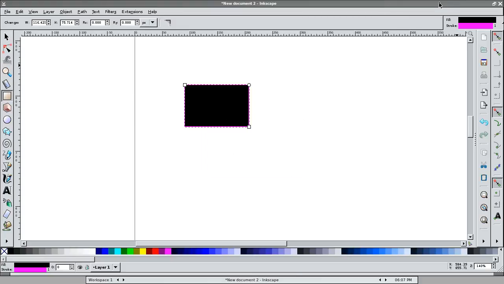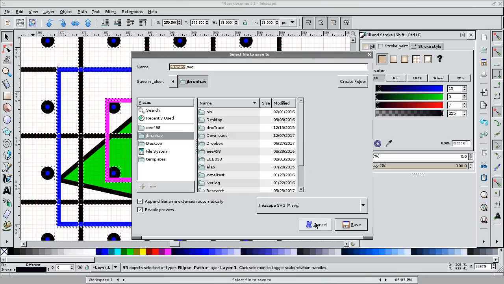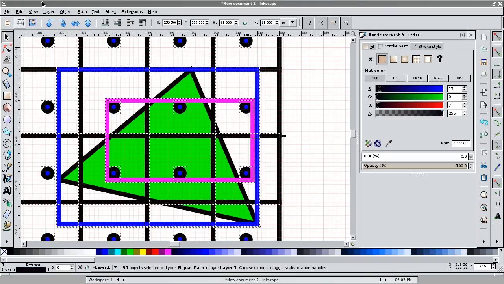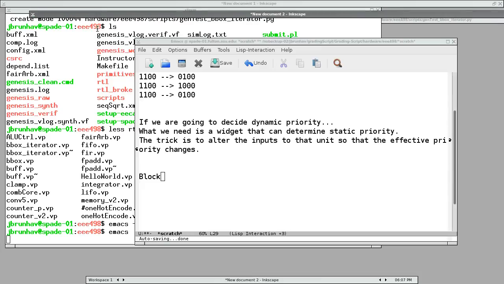All right, so we're going to give up on Inkscape.